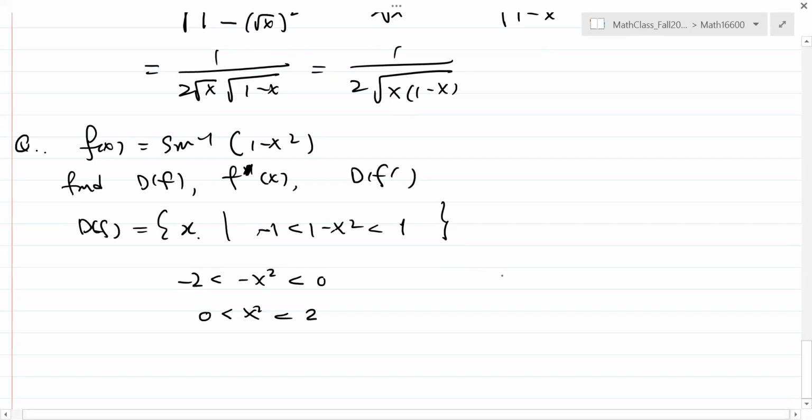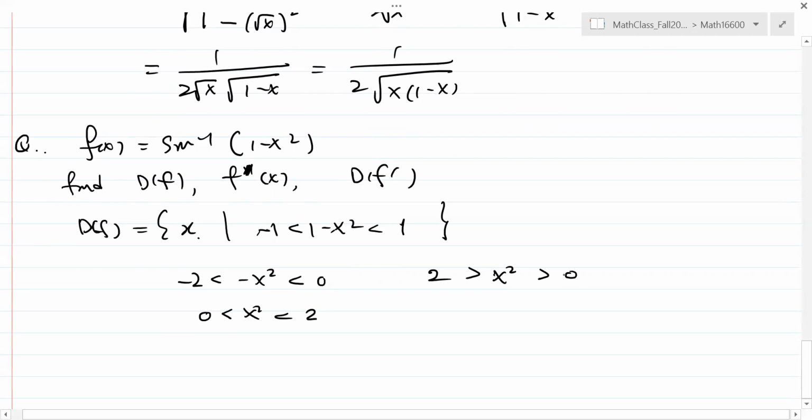Or you can write it like this: x squared is less than 2 and greater than 0. When you multiply the inequality by negative 1, you have to reverse all the directions. And then x squared is between 0 and 2. How can I solve for x?